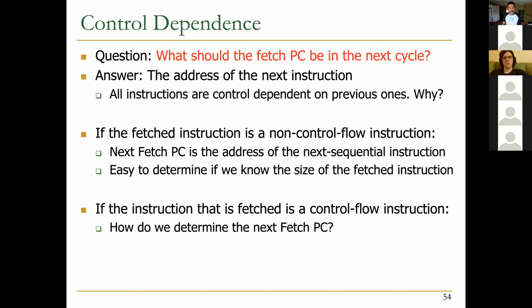But the thing is, before we reach the state where we can infer the address of the jump, we want to determine the next fetch PC, but we simply don't know it yet because this instruction has not been decoded yet.